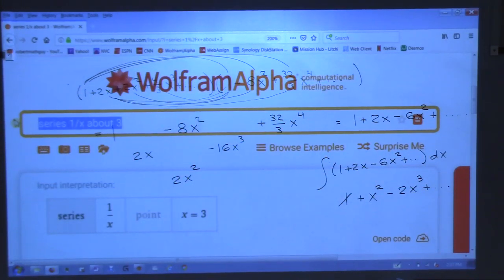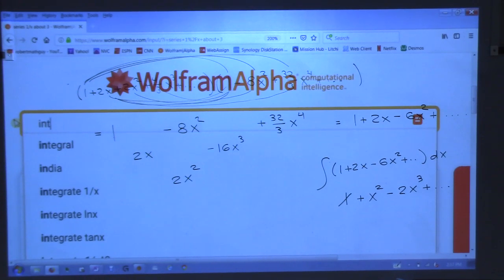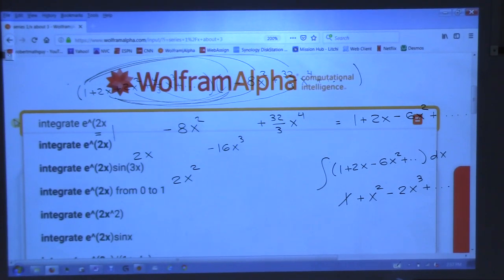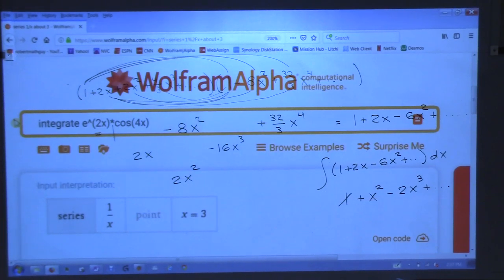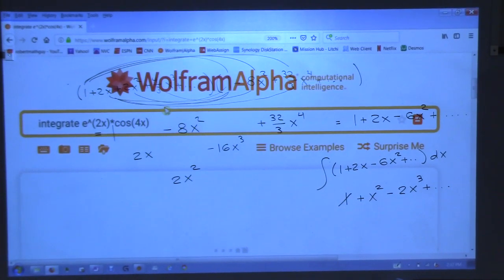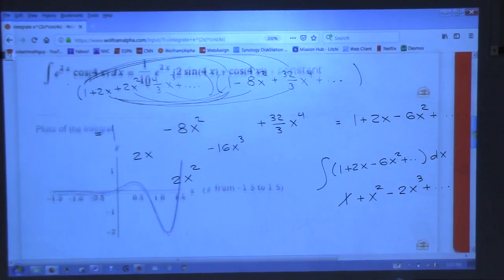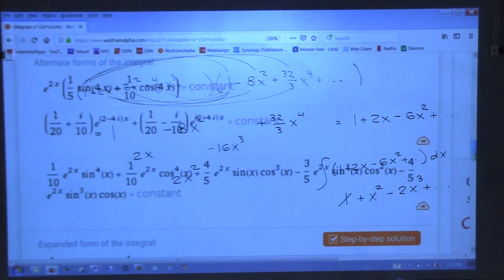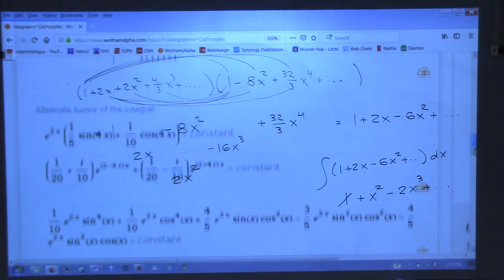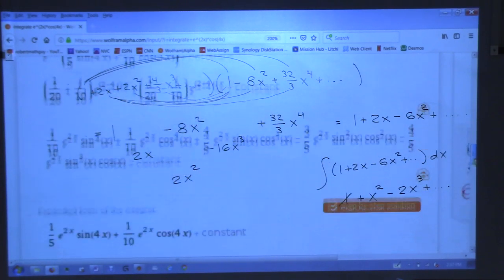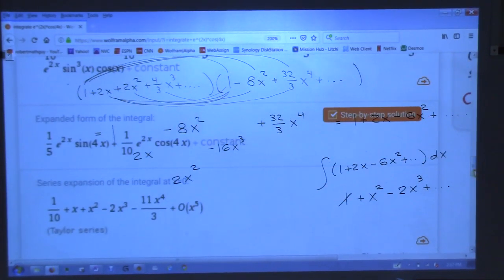Let's see how this does. Integrate e raised to the, what was it, 2x times cosine 4x. So if I ask the computer to integrate this, it's going to do a good job. It's going to figure it out. But I'm pretty sure down here there should be a series. There we go.